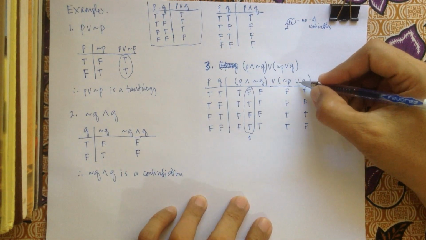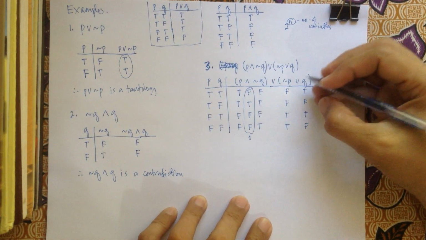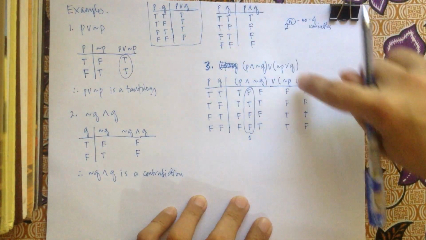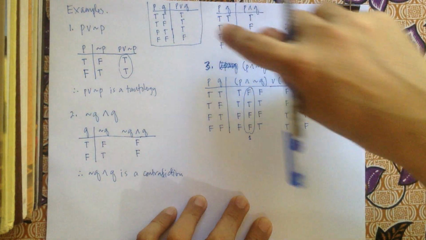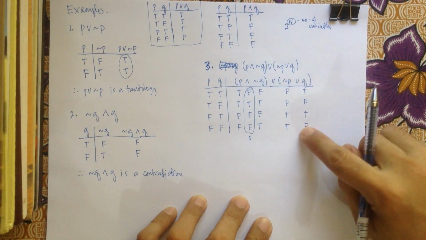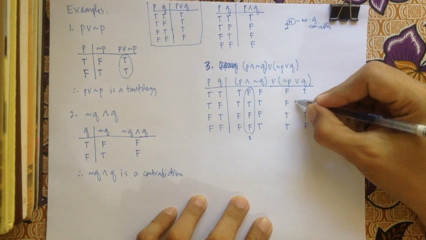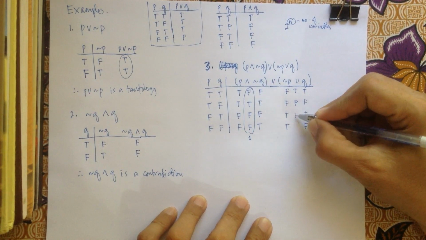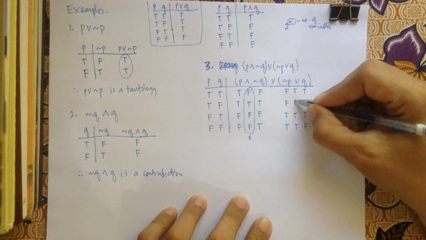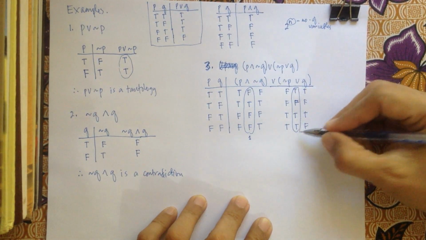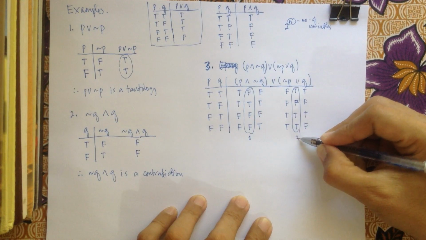Then under or, negation of P or Q is, remember again, there is only one instance that P or Q is false, and that is when both of them are false. So that means this is false, while the rest are true. Let's mark this. This is our column number 2.